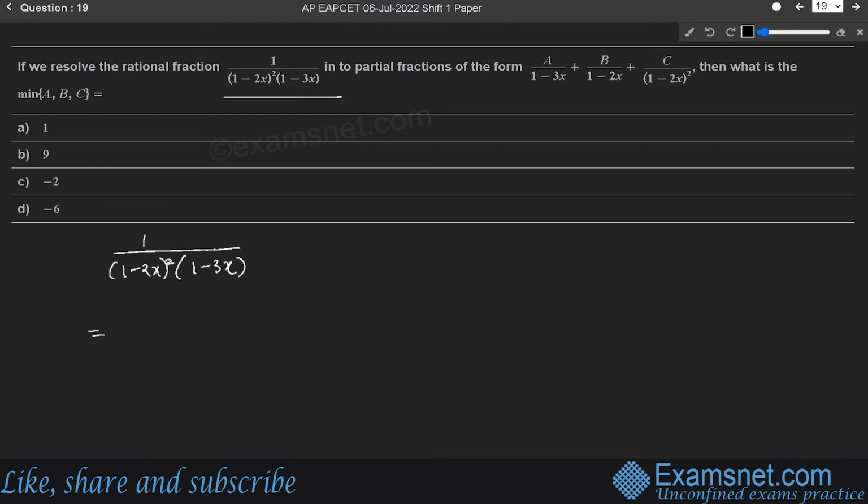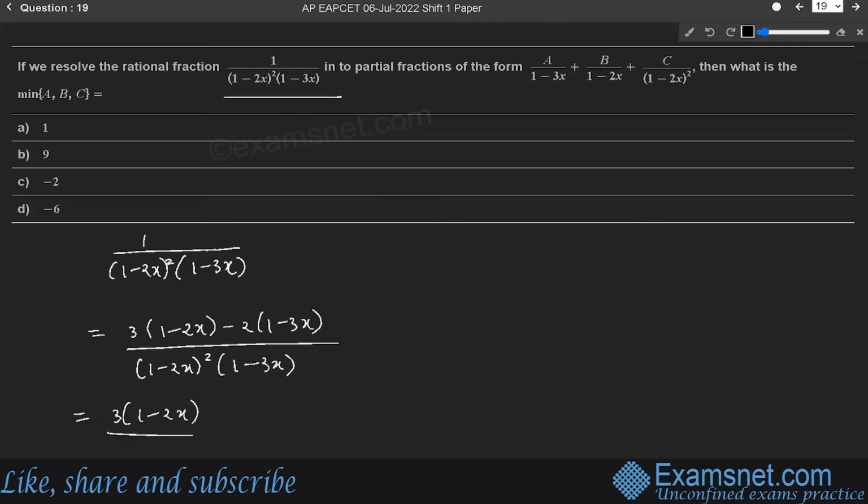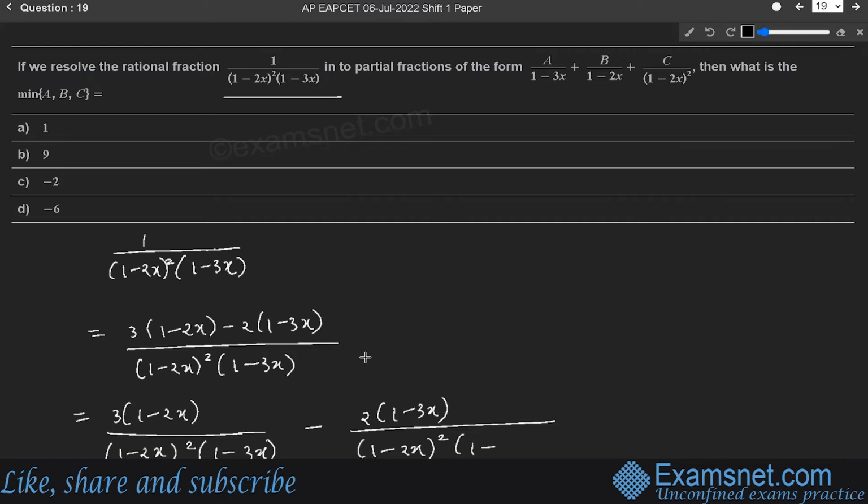It can be written as 3 into 1 minus 2x minus 2 into 1 minus 3x divided by 1 minus 2x whole square into 1 minus 3x, which will be equal to 3 into 1 minus 2x divided by 1 minus 2x whole square into 1 minus 3x minus 2 into 1 minus 3x divided by 1 minus 2x whole square into 1 minus 3x.